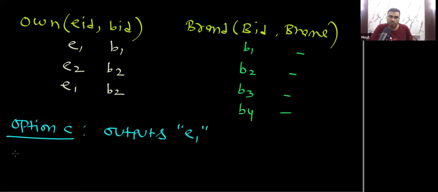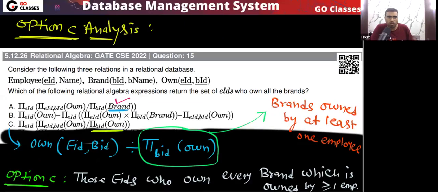But actually you can see they do not own all brands. The question is saying who owns all brands? Notice the question is saying EIDs who own all the brands.